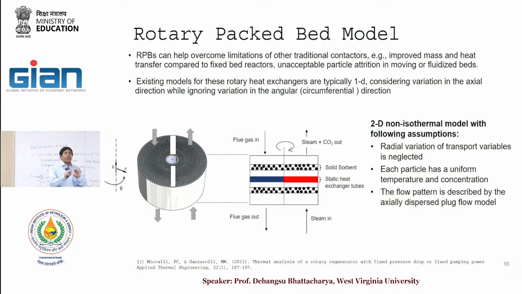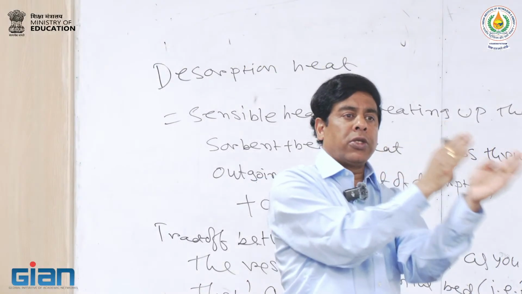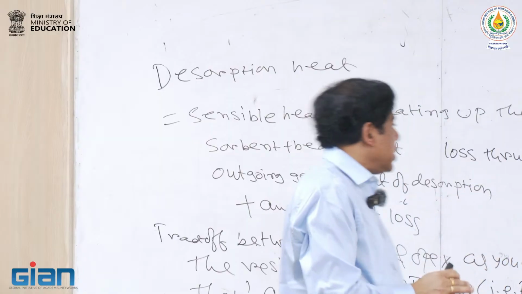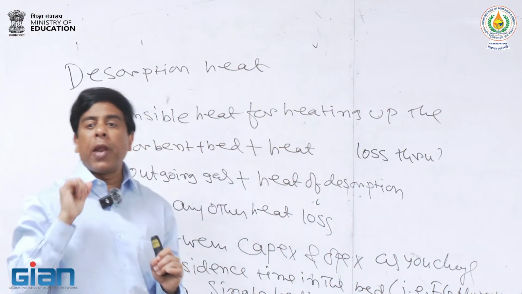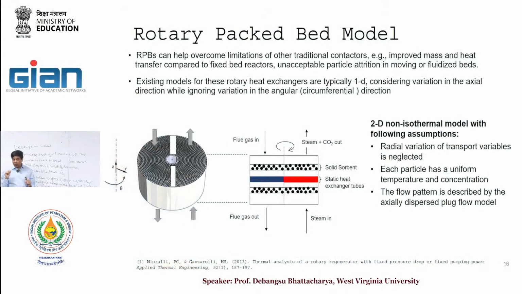Another good idea is actually the rotary packed bed. The idea is very simple. It looks like a fan. Think about your household fan, but it's like a gigantic blade, and it is all full of adsorbent.